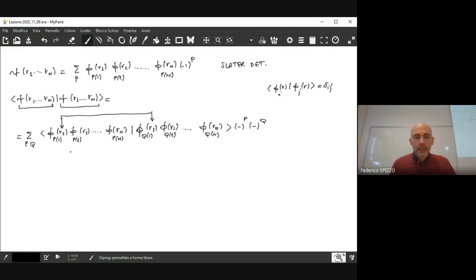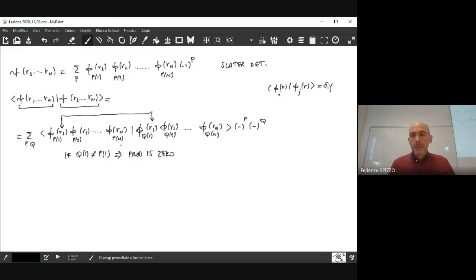If Q1 is different from P1, then the scalar product is 0, due to the fact that we assume that the single electron wave functions are orthogonal with each other.